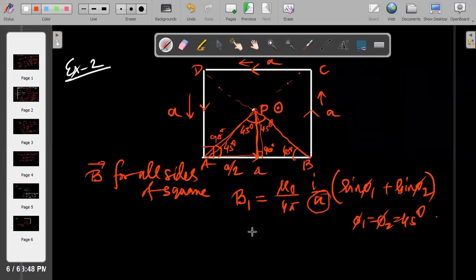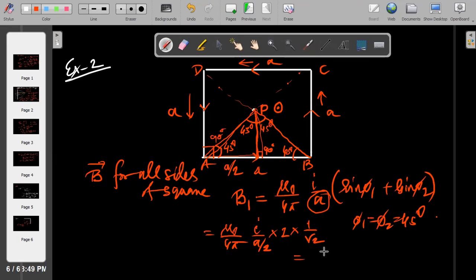Now, if you put all the values, you will get nothing but mu naught by 4 pi. Don't cancel this mu naught by 4 pi with all these things, it's my suggestion. You will get I by A by 2 into sine 45 degrees plus sine 45 degrees. So it will be 2 into sine 45 degrees, which means 1 by root 2, right?